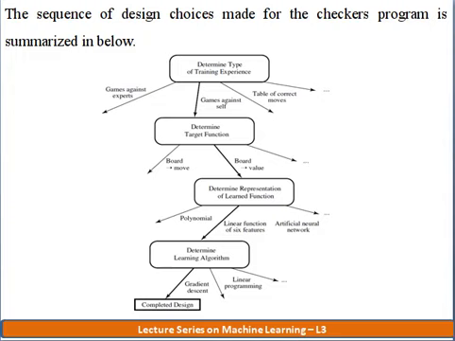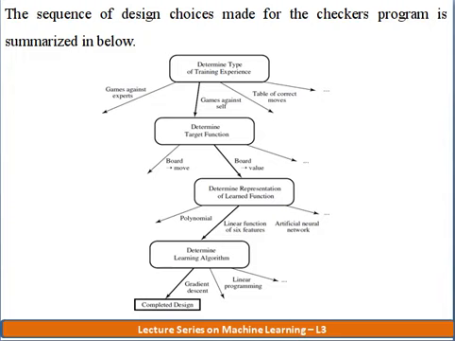The sequence of design choices made for the checker program is summarized in this figure. So this figure tells the design, and at the top we have determine type of training experience.